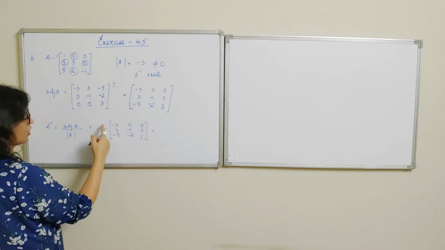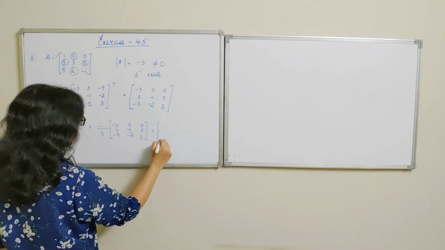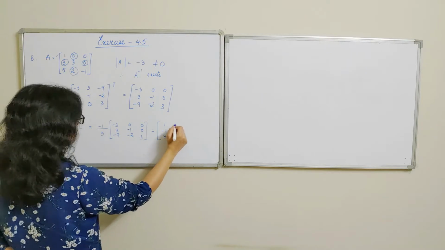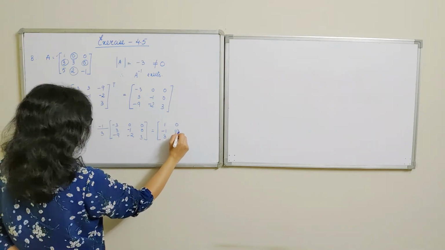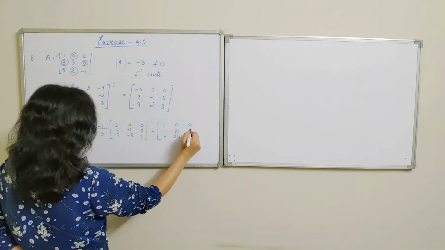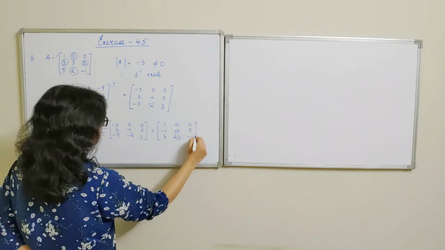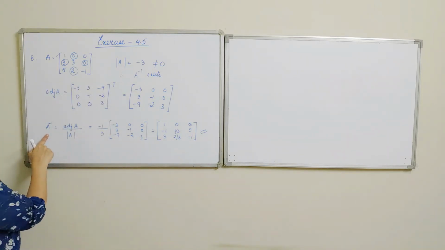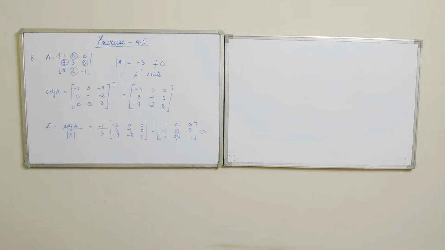So multiplying each element by -1 by 3. This is 1, -1, 3, 0, 1 by 3, 2 by 3, here is 0, 0 and -1. So this matrix which is obtained is now the inverse of the matrix.